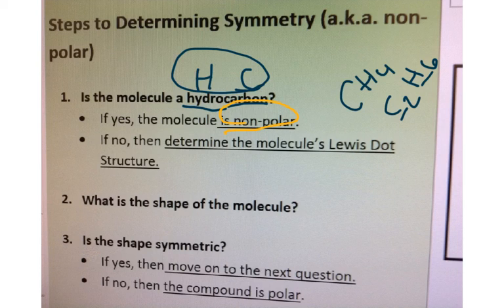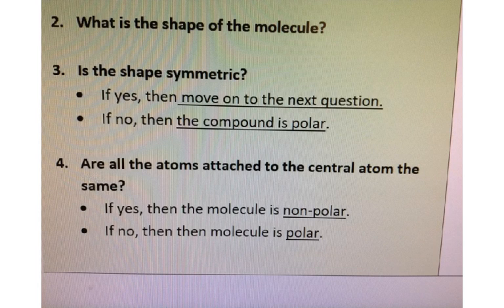If it's not a hydrocarbon, you are going to have to draw the Lewis dot structure for that particular compound. The next thing you're going to do, after you've drawn the Lewis dot structure, is figure out the shape of the molecule. After that, ask yourself, is this shape symmetric?